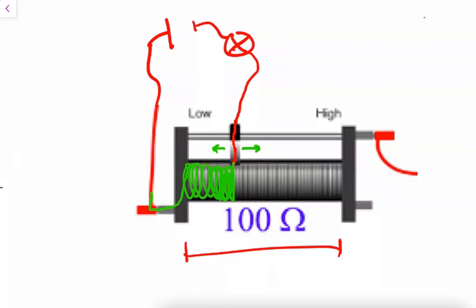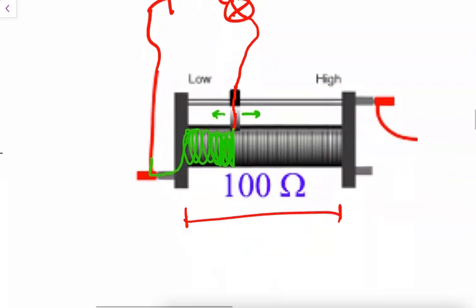That's the variable resistor in this circuit. And if it's between here and here, who knows, this might be like 30 ohms. And as we move this position left or right, we're decreasing the resistance or increasing the resistance. So this is an old version of a variable resistor.